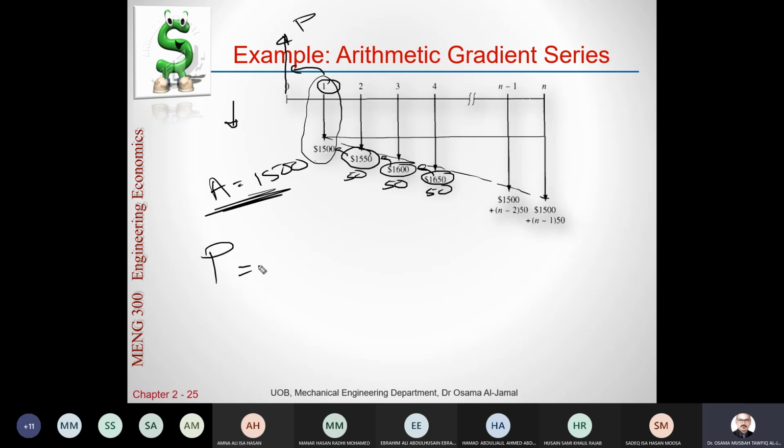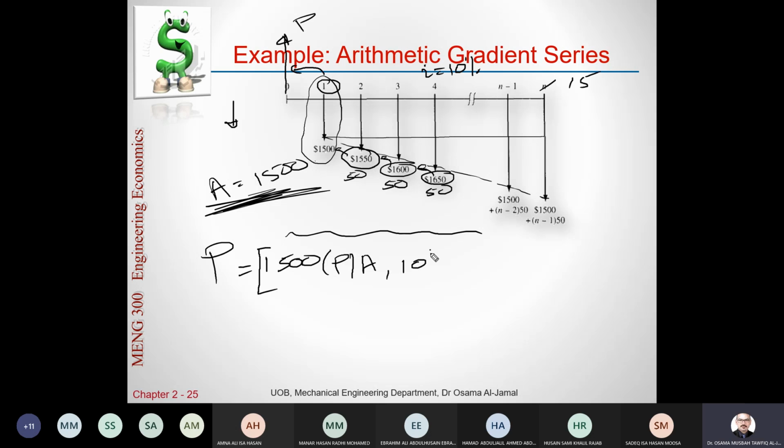To find P, take the annuity, 1,500. I'm going to do this now. Why? Because with that we have two calculations. P given A, let's say i equal to 10%, N of 15. This is for the first part, which is the annuity.